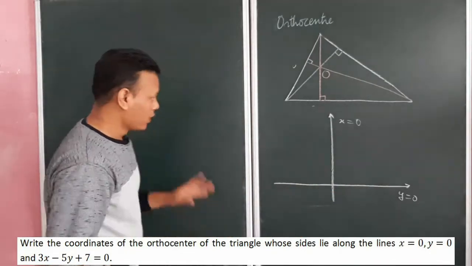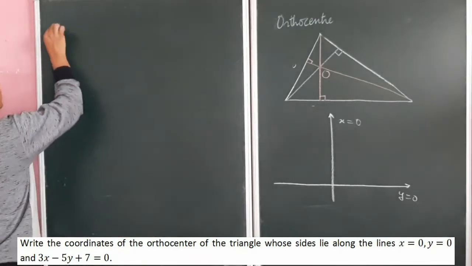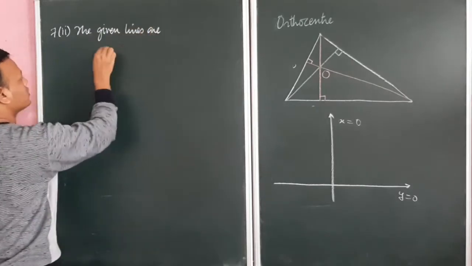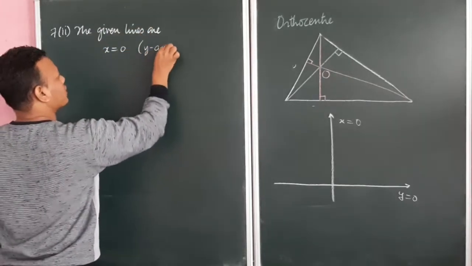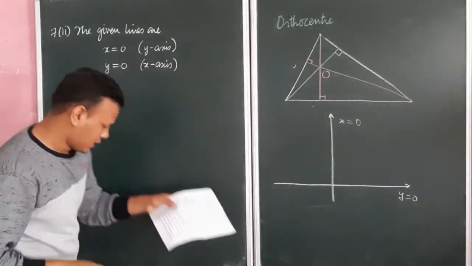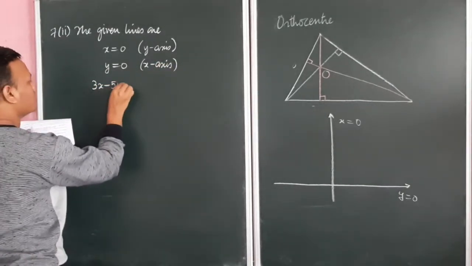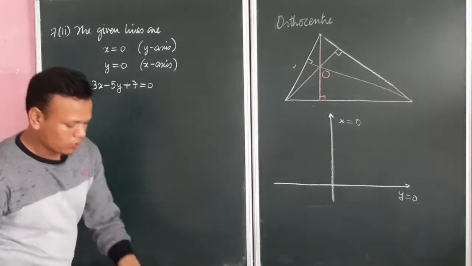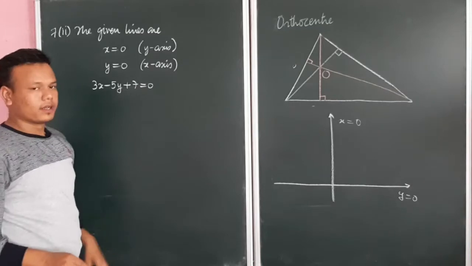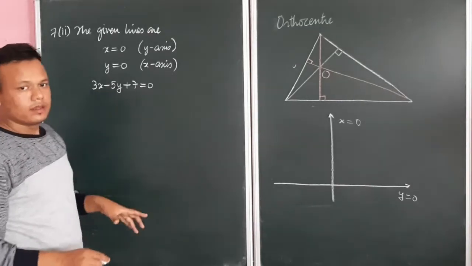So the given lines are, let me write them. So let's try to draw this line over there. Let's write this in which form?